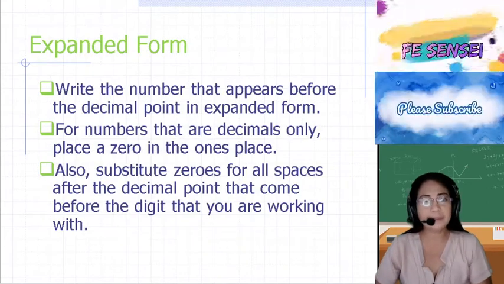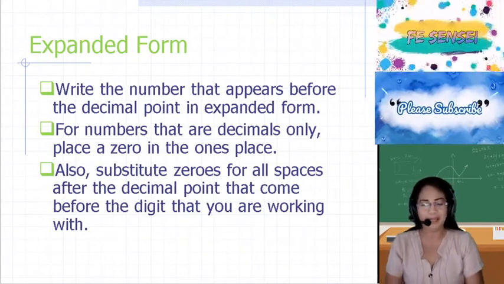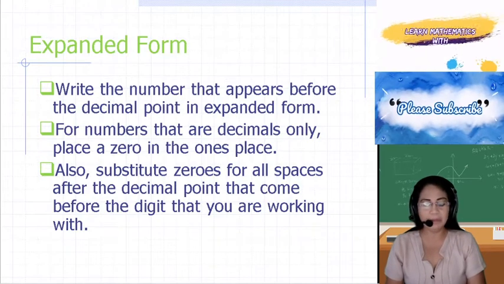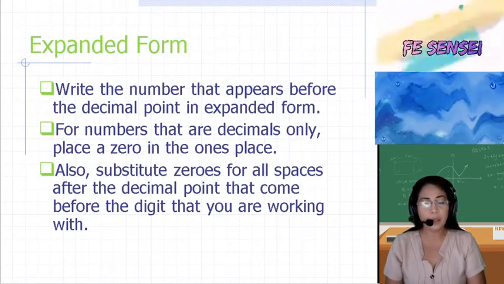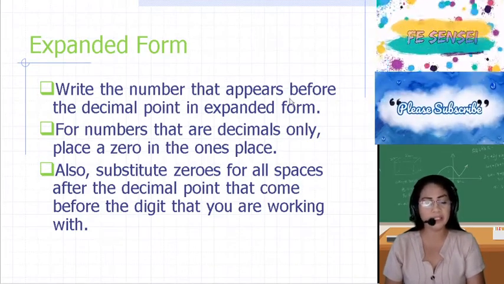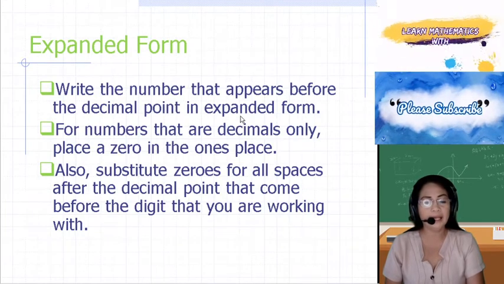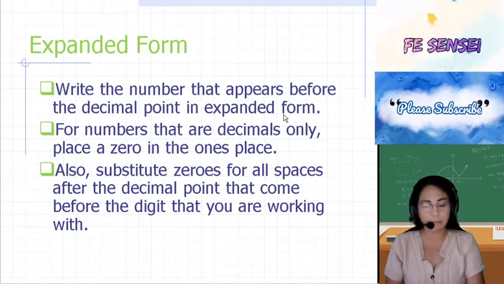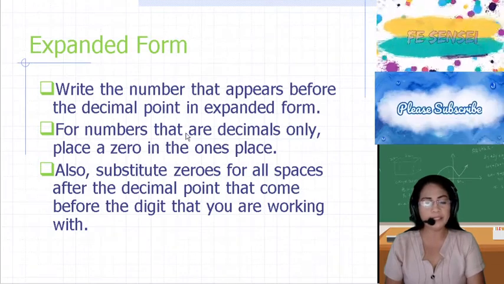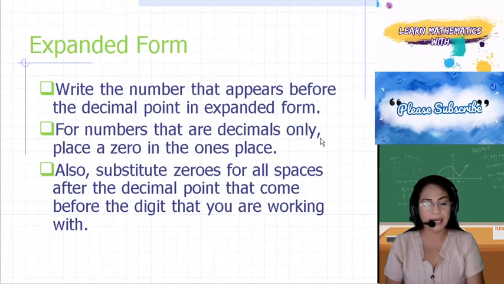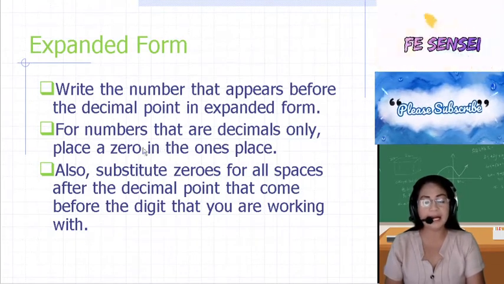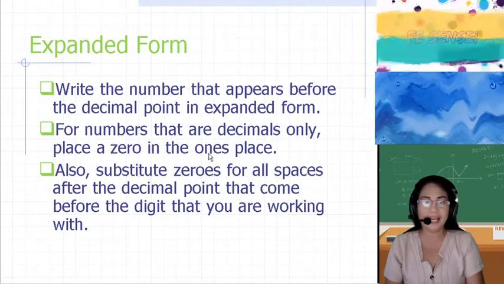What is an expanded form? To write decimals in expanded form, write the number that appears before the decimal point in expanded form. For numbers that are decimals only, place a 0 in the ones place.